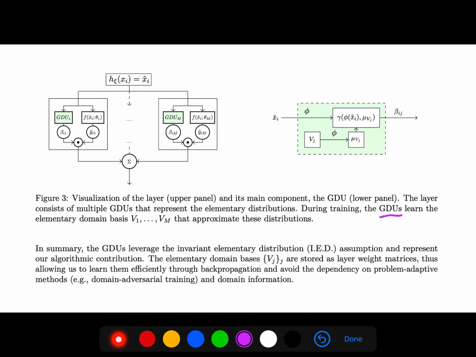The elementary domain bases, these V sub j's, are stored as layer weight matrices. So these are layer weight matrices, thus allowing us to learn them efficiently through backpropagation and avoid the dependency on problem adaptive methods like domain adversarial training and domain information.